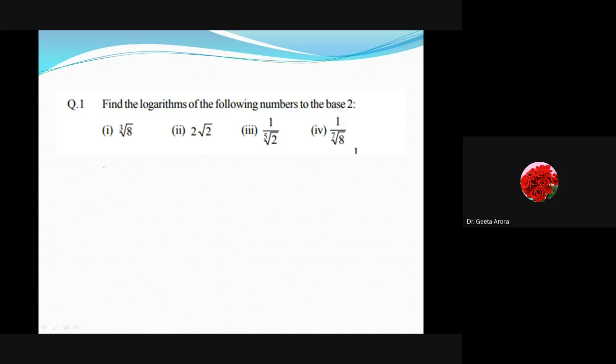Now we have to go for the third and the fourth part. If anyone has done it, okay, Sumit has given me the answer. Let's wait for others to do.